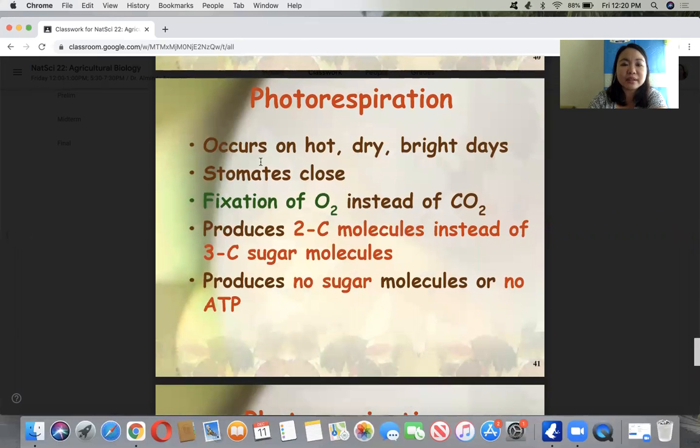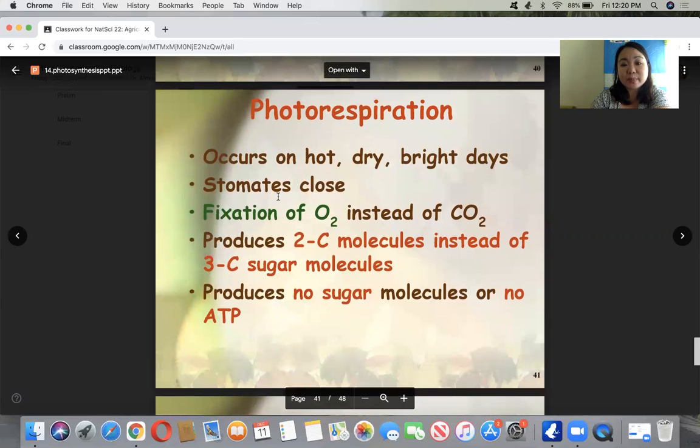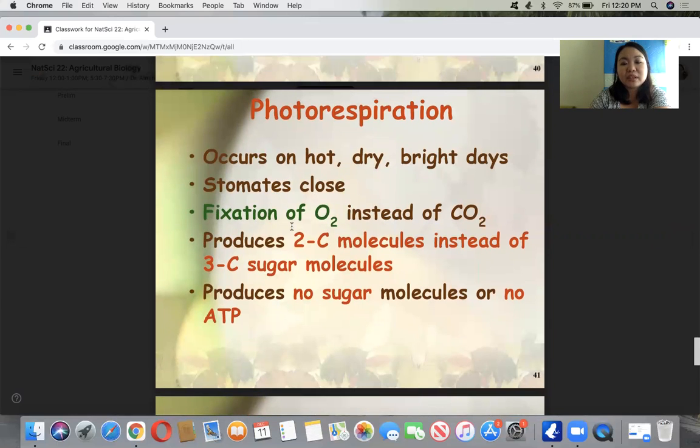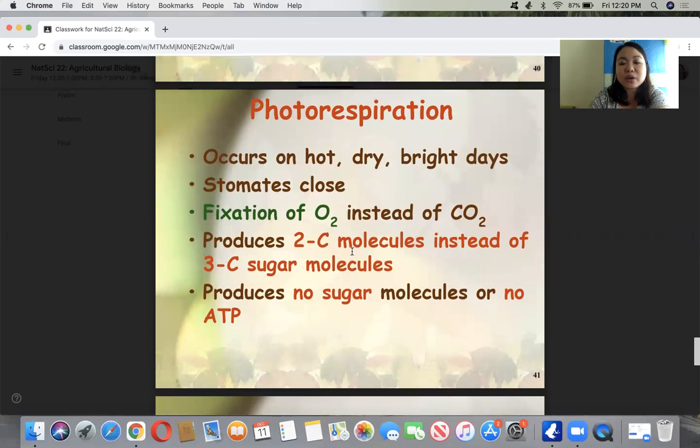Photorespiration is another chemical process that occurs on hot, dry, bright days, wherein the stomata of the leaf close, during the fixation of oxygen instead of carbon dioxide. So this produces 2 carbon molecules instead of the 3 carbon sugar molecules.